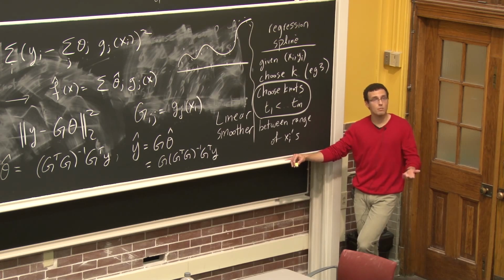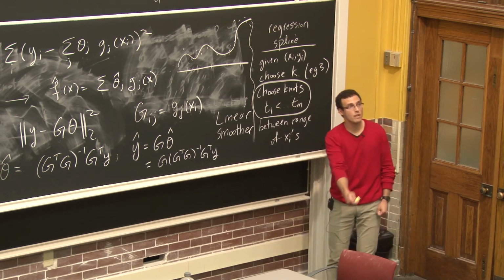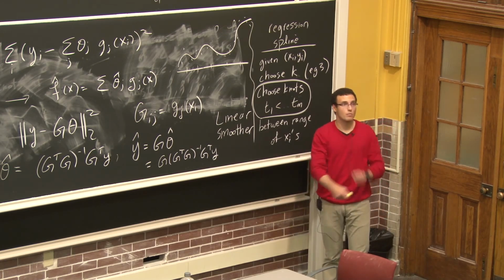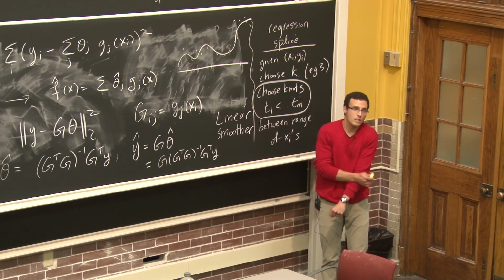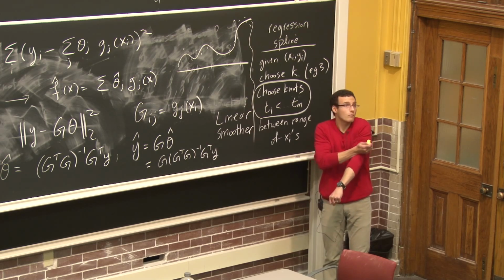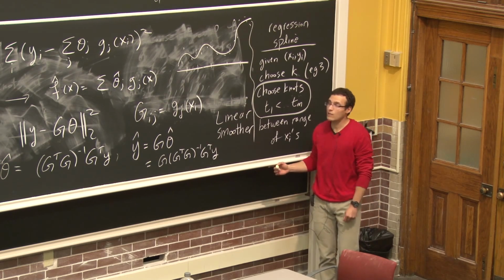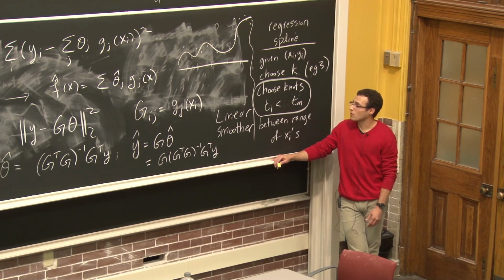They had all sorts of greedy selection procedures: I'll pick a knot somewhere that looks the best, then another knot that looks second best, and keep fitting the spline and adding more knots as I think I need them. These were popular for a while, but they're still heuristic. We don't really know if they work well in full generality.